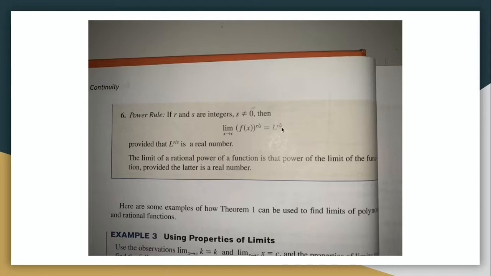The only caveat is s can't be 0, because then the fraction and the exponent would be undefined. And L to the r over s has to be a real number, because if a graph is approaching some number or has a limit, then the number it's approaching has to be a real number.